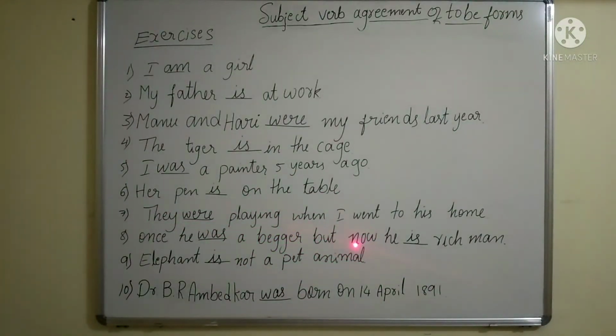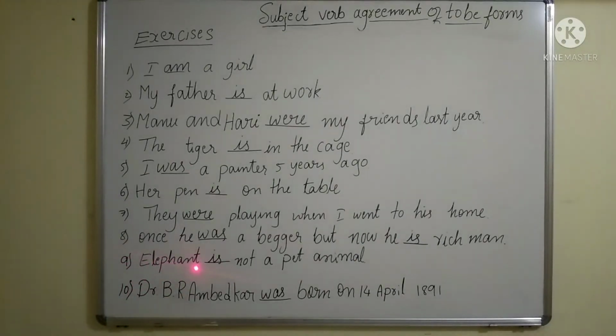But now he became a rich man. So now he is. Now represents present tense. Once represents past tense. So I used was here and I used is here because this phrase is in present tense. Okay, so was and is are the correct to be forms.